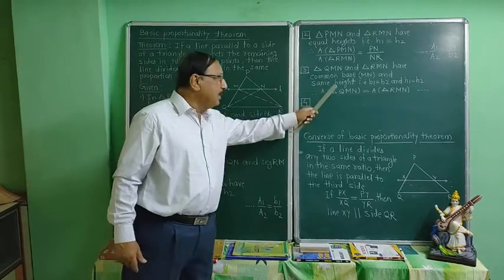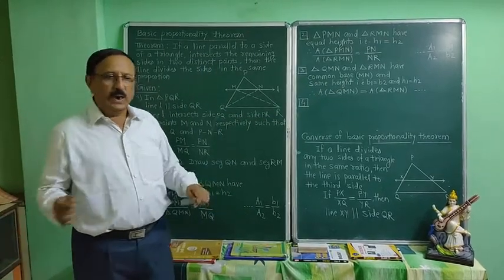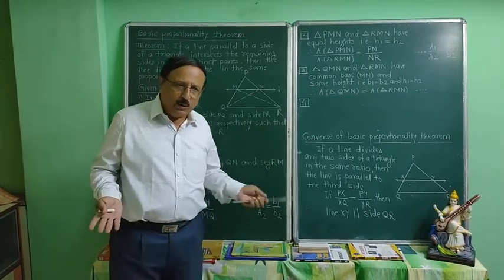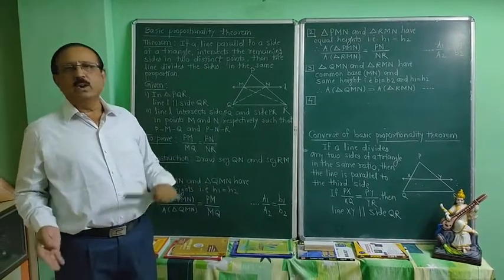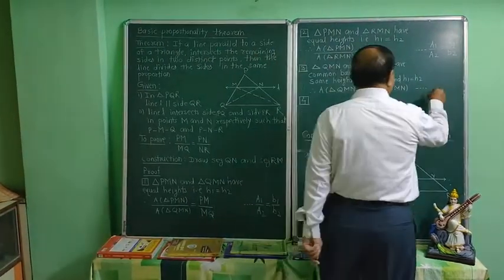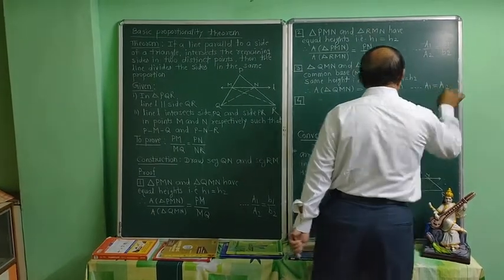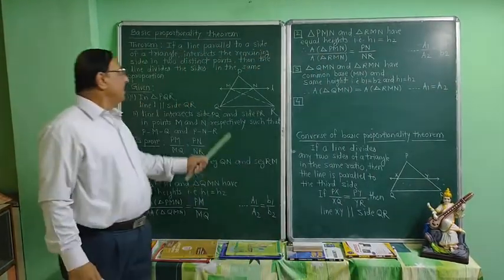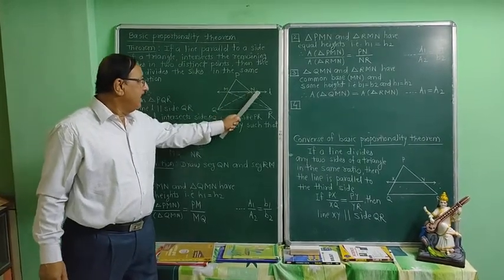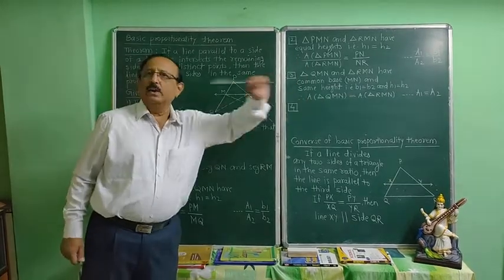And again you know the property that if the bases are common and the heights are equal, then the areas are also equal. Therefore A1 is equal to A2. Area of triangle QMN and area of triangle RMN are equal.